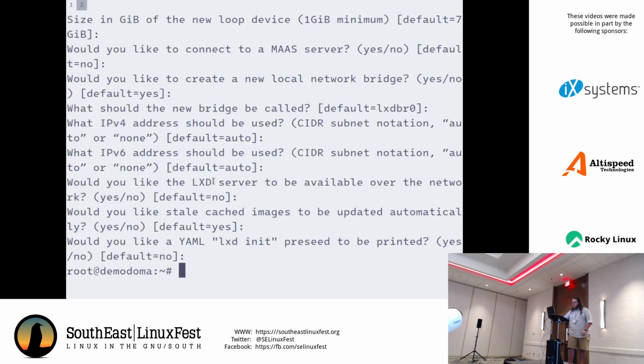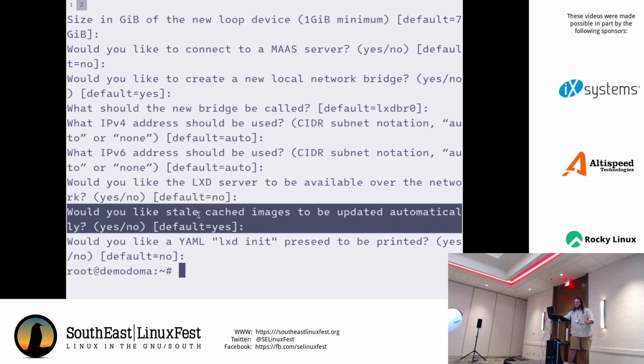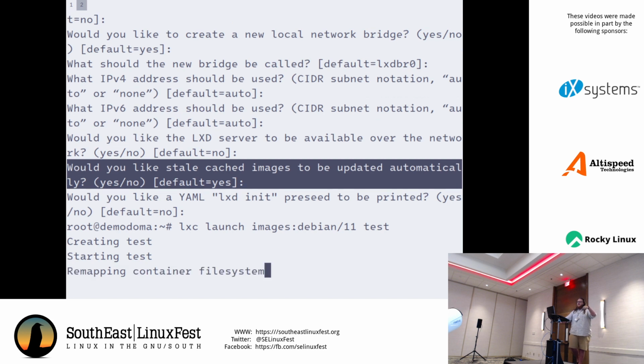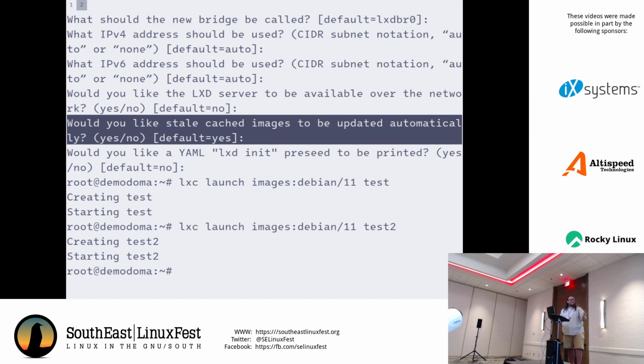Okay, and then the other option we skipped through is updating stale cached images. So once you launch something like Debian 11, it's going to download that image, unpack it, set it up on your file system, but then cache that image you downloaded so the next time you want to start one, it's almost instant, really, really fast.